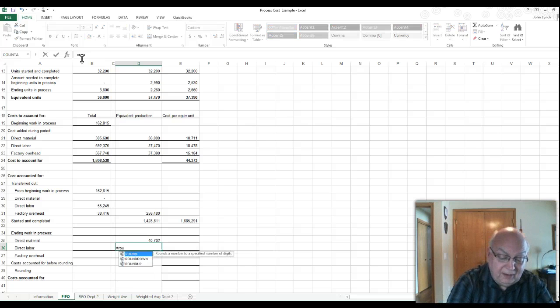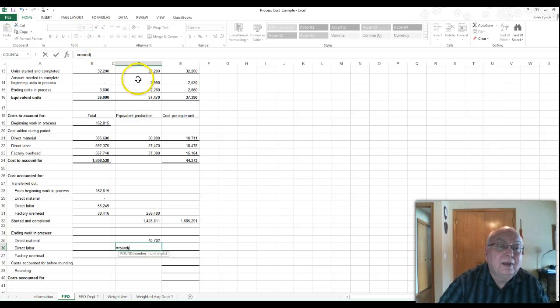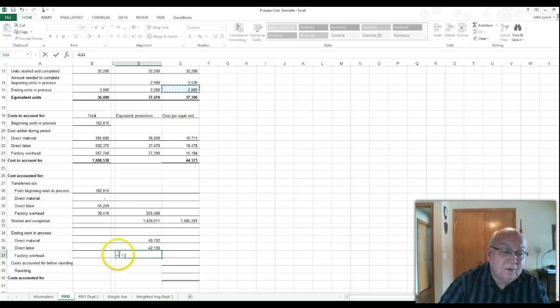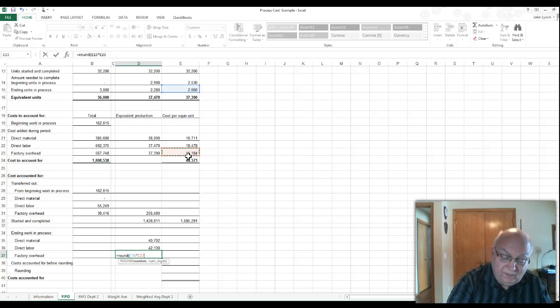And equal round, this is for the labor. That was the 2280 times the 18,478. Okay, and then for the overhead, you have the 2660 times the 15,184.